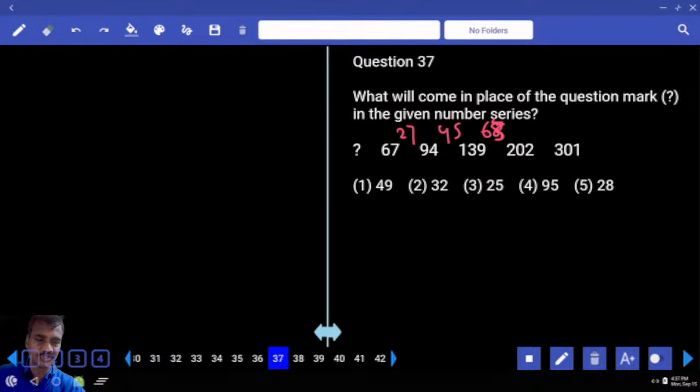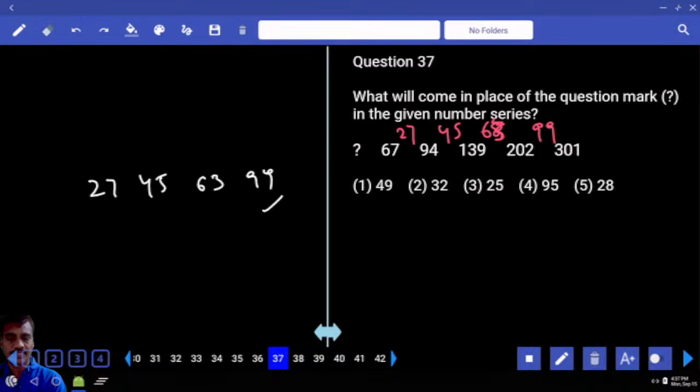Then 202 and 301 difference, 99. Now 27, 45, 63, 99. 9 into 3, 9 into 5, 9 into 7, 9 into 11. What are these? Multiples of 9, and what are these numbers? Prime numbers. 9 into 2, 18.